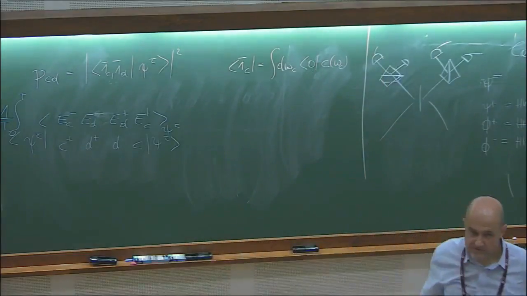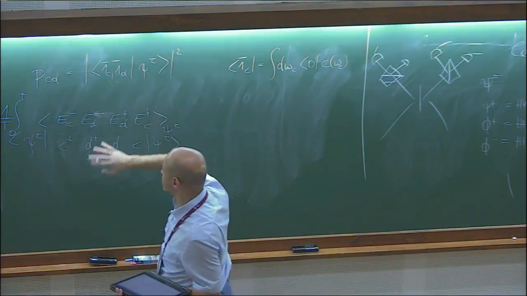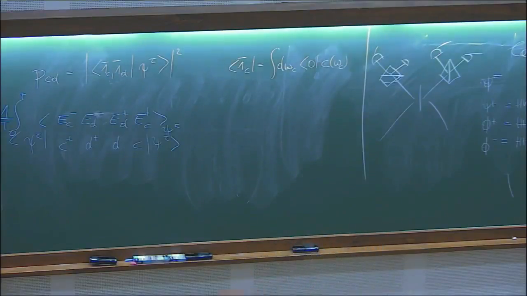Which is not really normalizable, but doesn't matter. And so just apply this here, and you would get something that pretty much gives you something like an output probability.